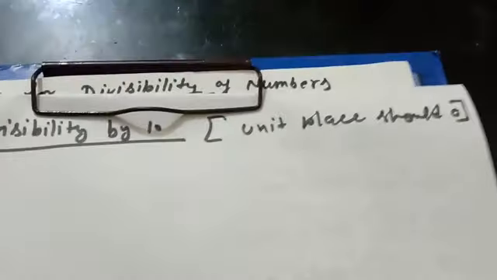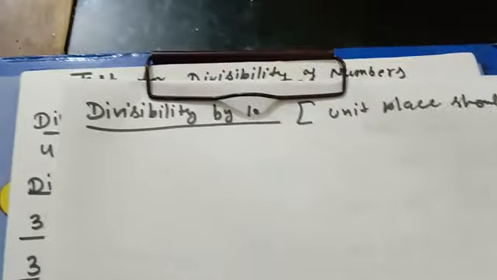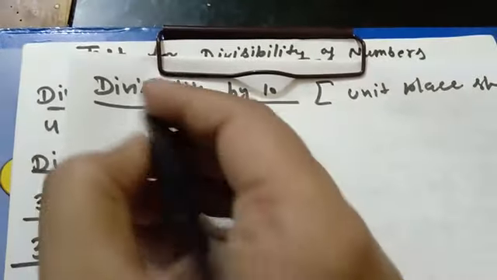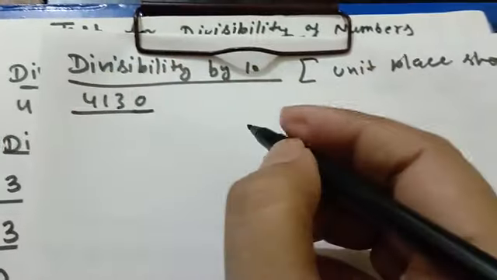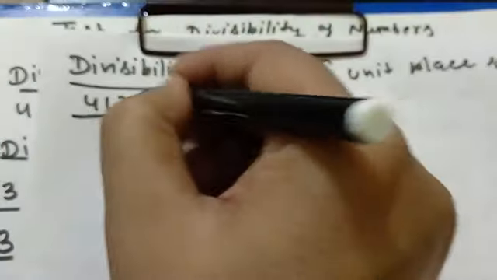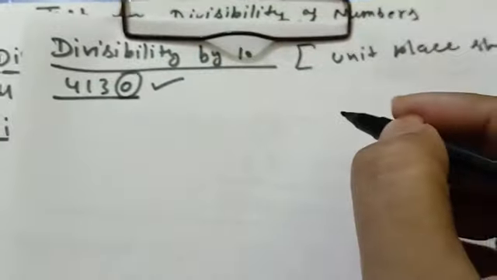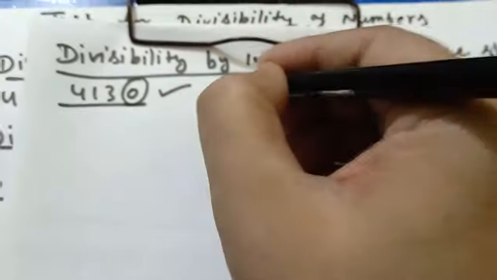It means if the unit place of the number is 0, then the whole number is divisible by 10. For example, in this number 4130 the unit place is 0, so this number is divisible by 10.